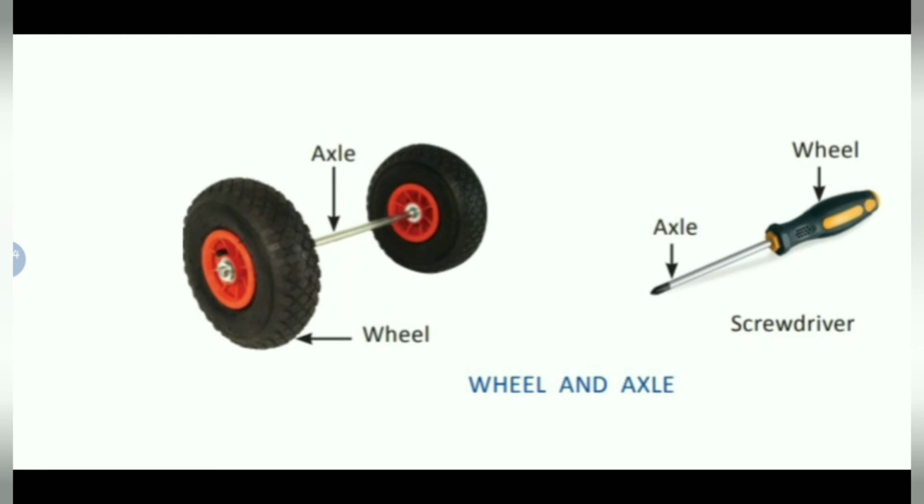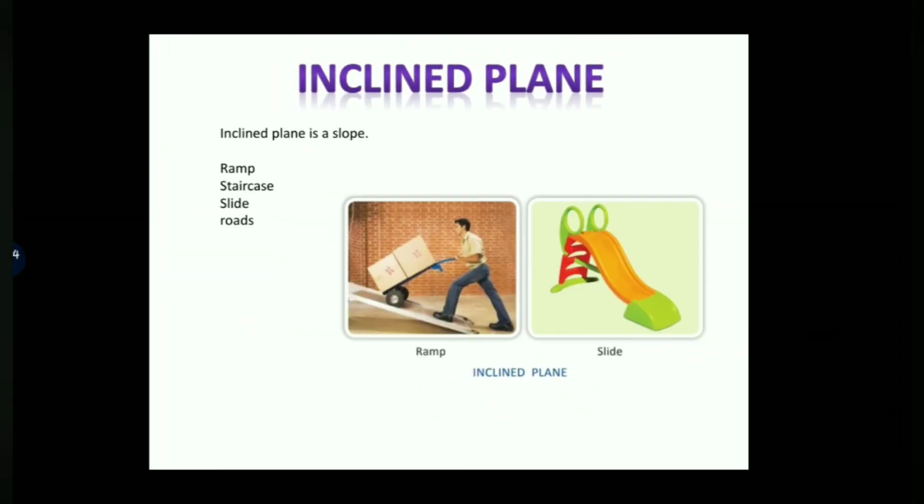So let's move on to the next one, inclined plane. An inclined plane is a slope. Less effort is needed to move an object up through an inclined plane. If you lift that object directly straight, it will be difficult for you.